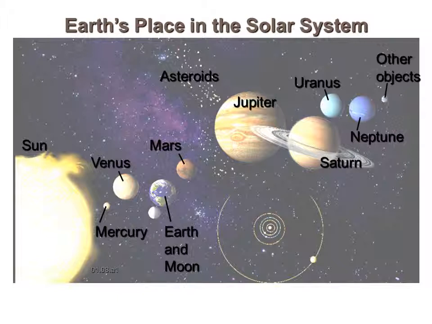The next question, explain why the Sun and Moon are the most important objects to the Earth. So we've already talked about the Sun. We need it for heat. We need it for the hydrologic cycle. We need it for photosynthesis in plants, so for the oxygen that's in our air.